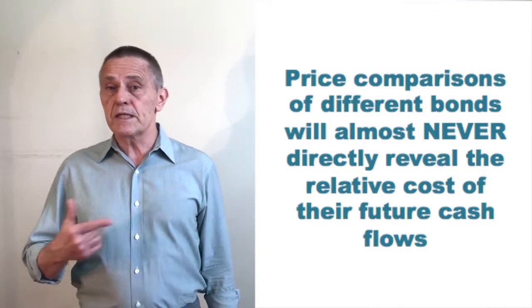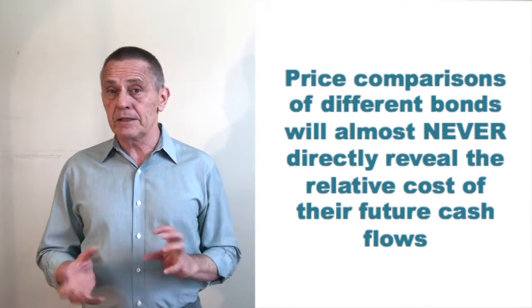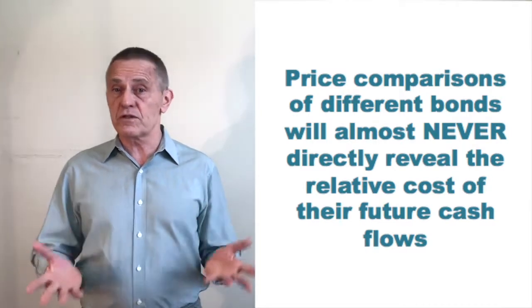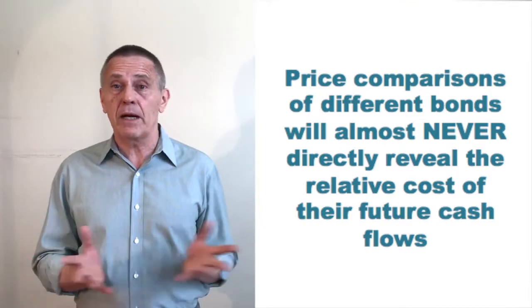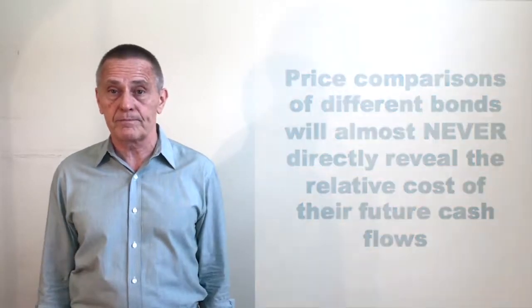So let's move the discussion of understanding yield as a measure of cost of future cash flows or market value into the context of comparing two different bonds to one another. Now, again, this is going to be a simplified example. We'll amp it up to more complicated situations in subsequent videos.